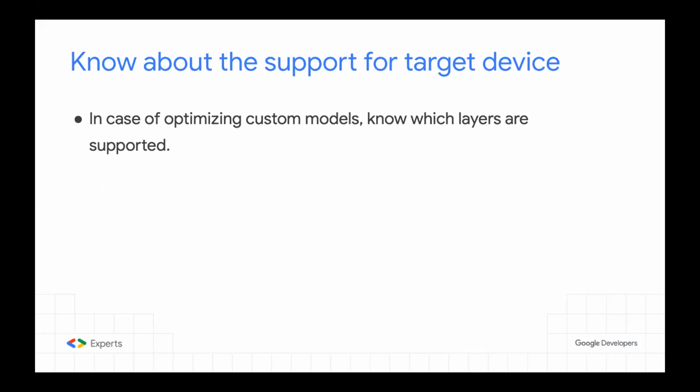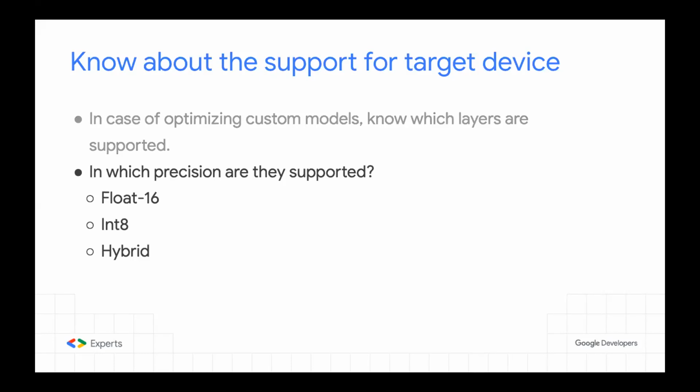So know more about the kind of support that's provided for your target device, because not all the support is unified. It changes with respect to the target runtime. So it's very important to study the kind of optimized kernels that are supported for your target runtime by the TensorFlow Lite environment.